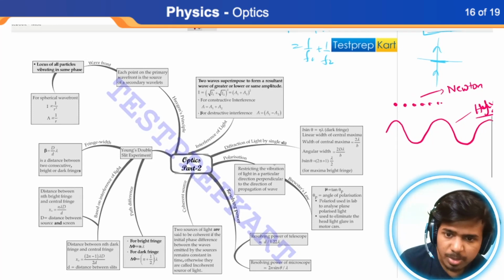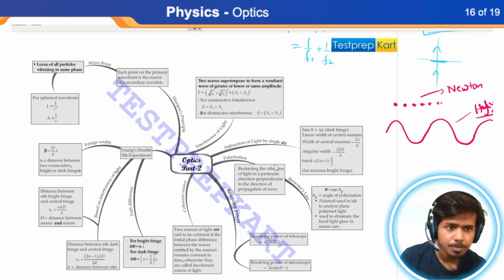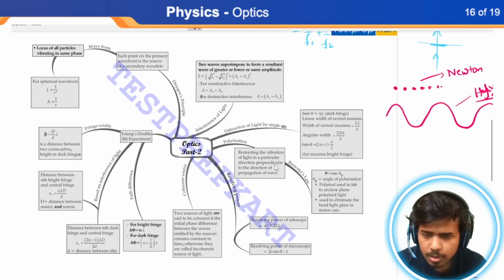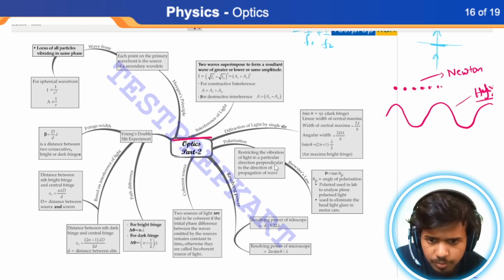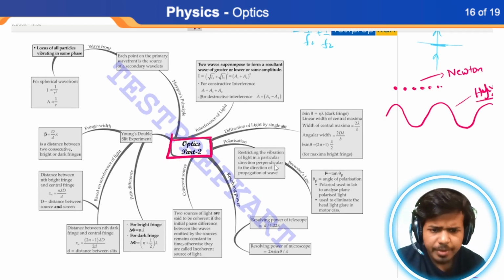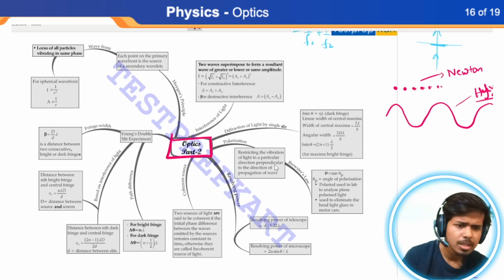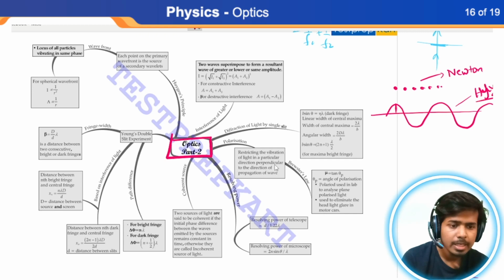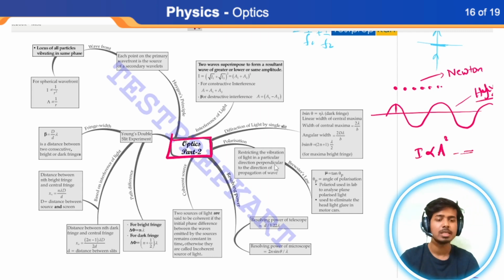Now, coming back to this specific part, wave optics, and we will start with waves. Waves, you must already be knowing that a wave has certain amplitude and intensity. Intensity is proportional to A square, things like that. Other things are also there inside the intensity, but we'll mostly focus on the amplitude.